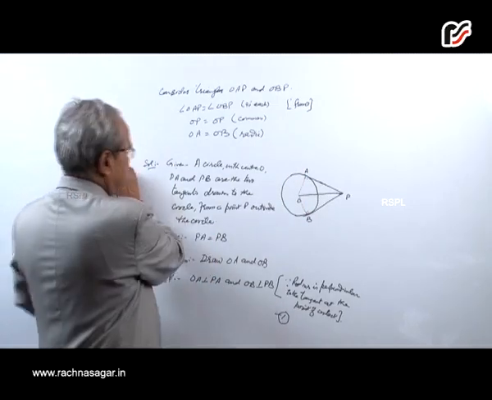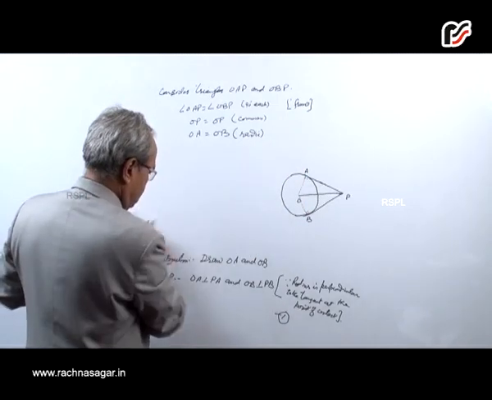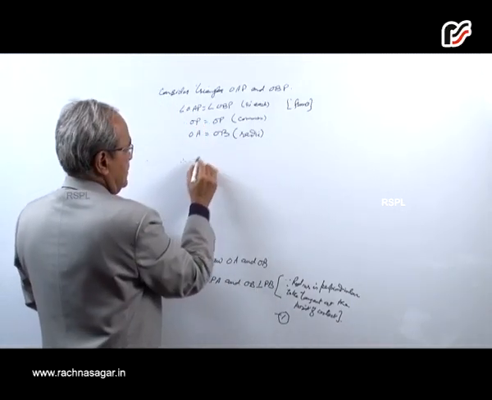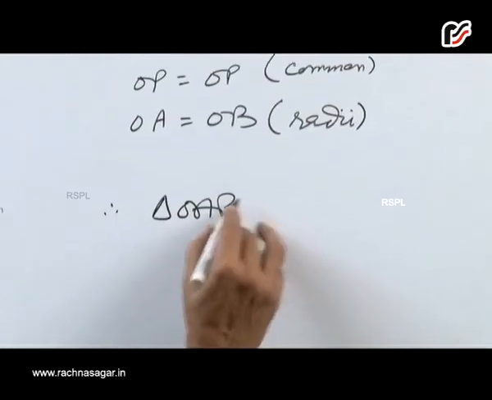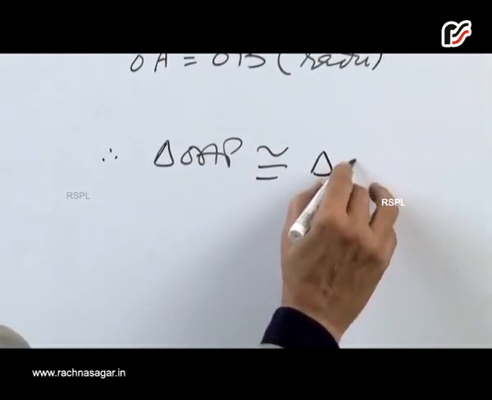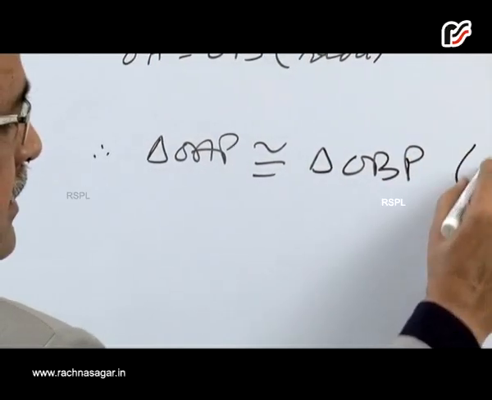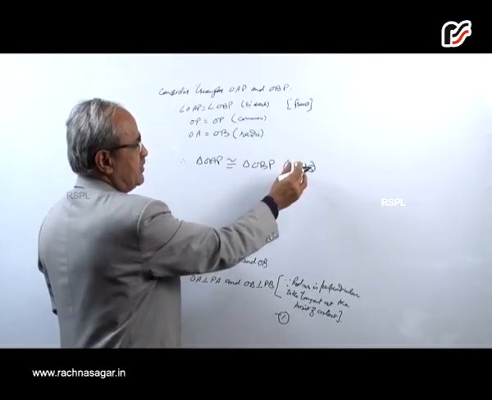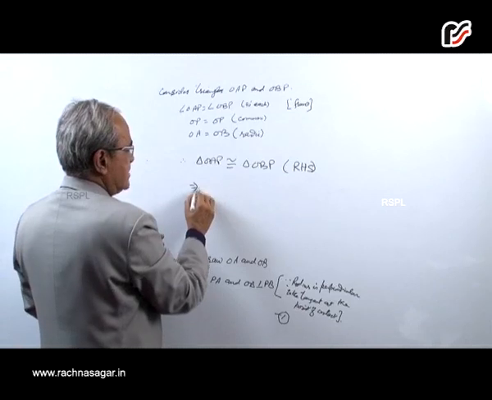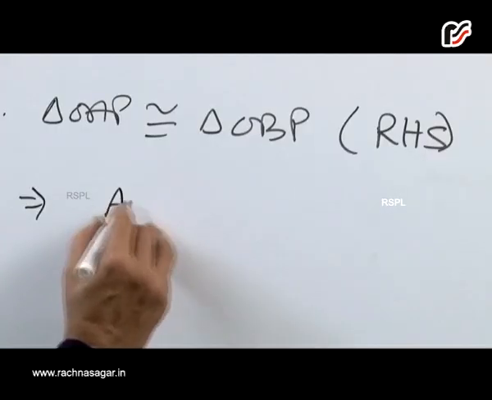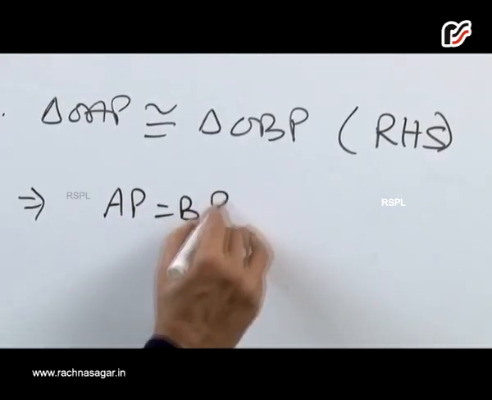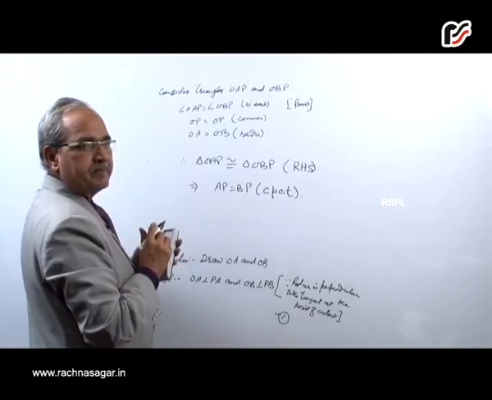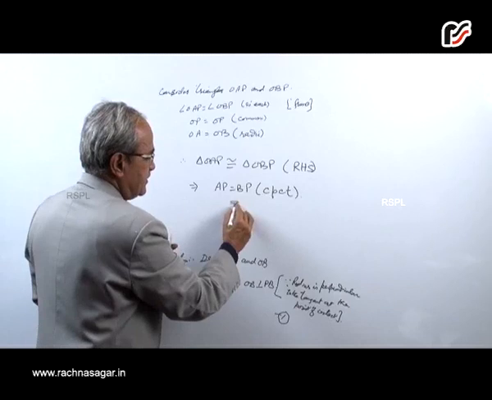Therefore, triangle OAP is congruent to triangle OBP, by RHS: right angle, hypotenuse, side. This implies AP equals BP by CPCT, which proves our theorem.